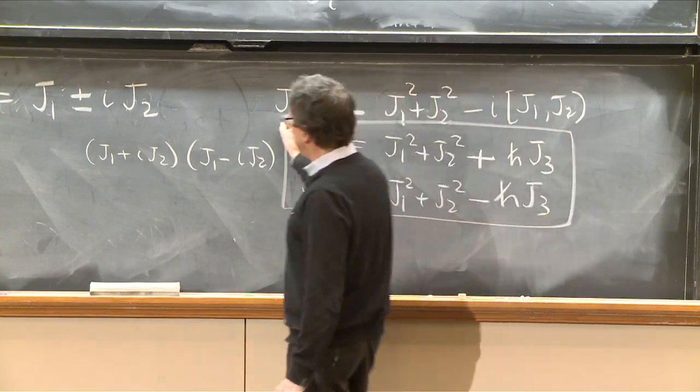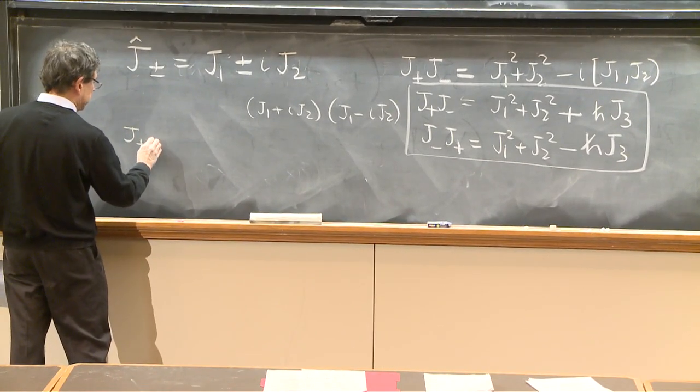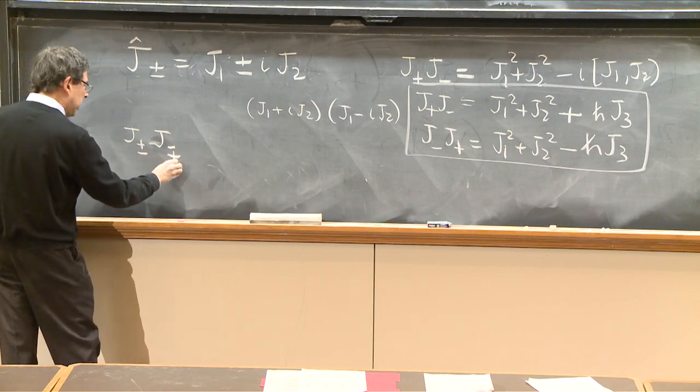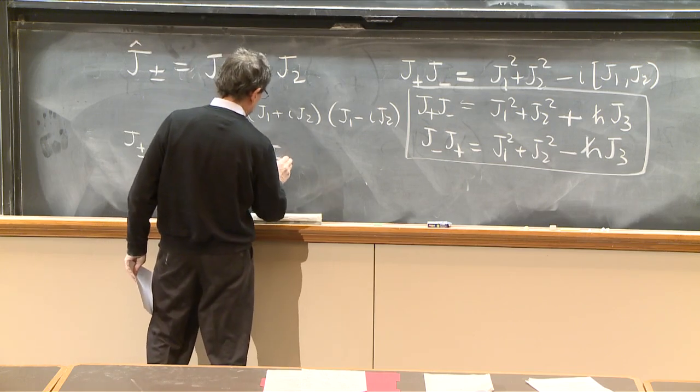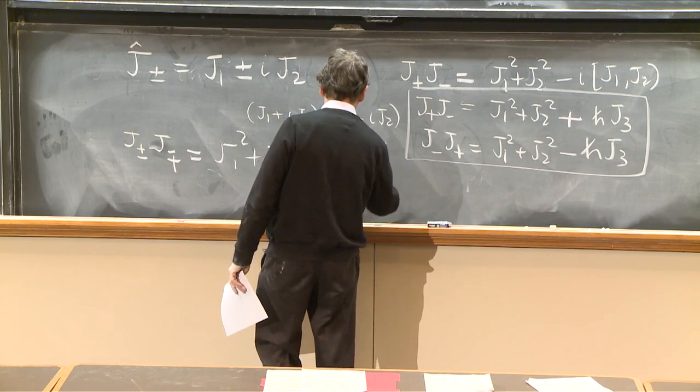These two formulas are summarized by J plus minus J minus plus equal to J1 squared plus J2 squared plus minus h bar J3.